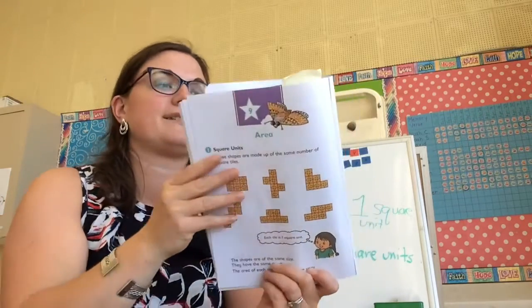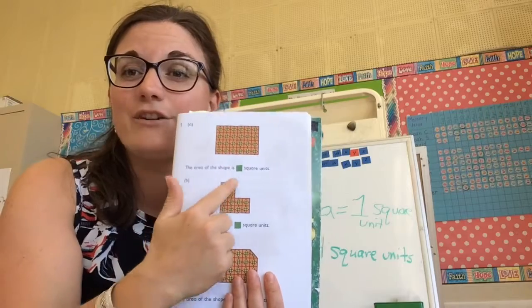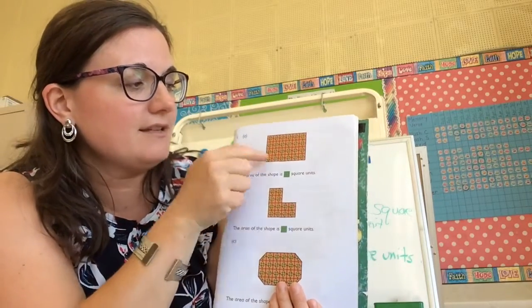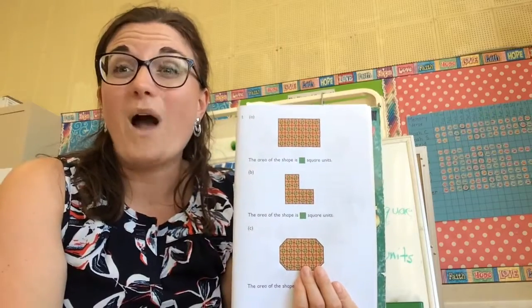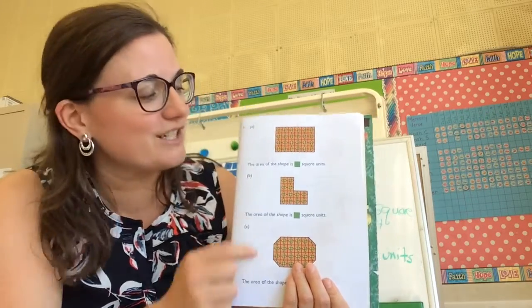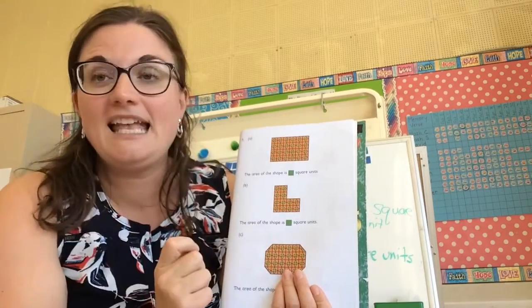It's 6 squares. Okay? Now we're going to turn to page 103, and we're going to figure out what is the area of each of these. So let's start up here. What is the area of this shape? Well, we count the number of squares that it covers. So 1, 2, 3, 4, 5, 6 in each row.